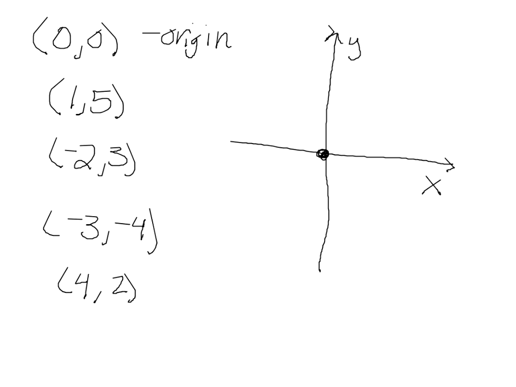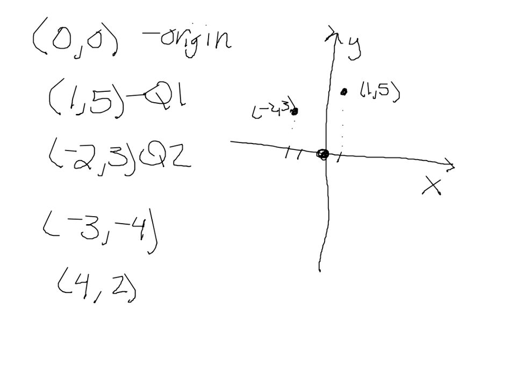So this point 1, 5, I move 1 unit to the right and up 5. 2, 3. This is in quadrant 1. So minus 2, 3 means I move 2 units to the left and up 3. It's in quadrant 2.